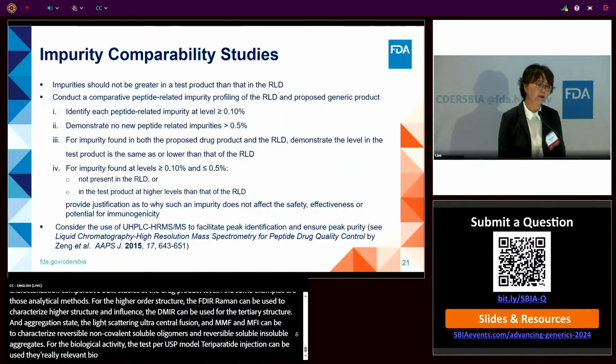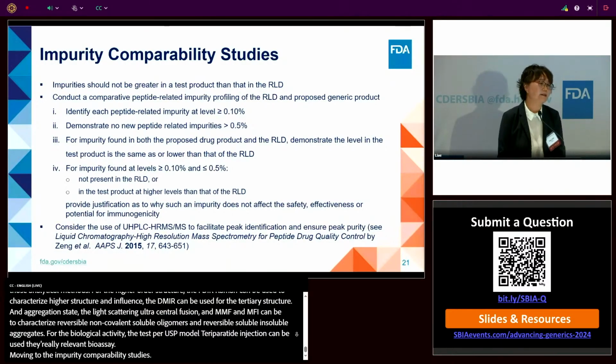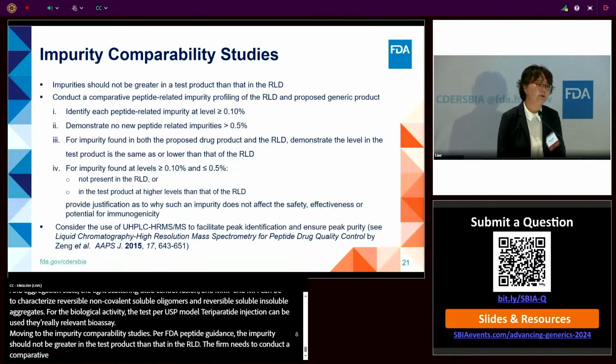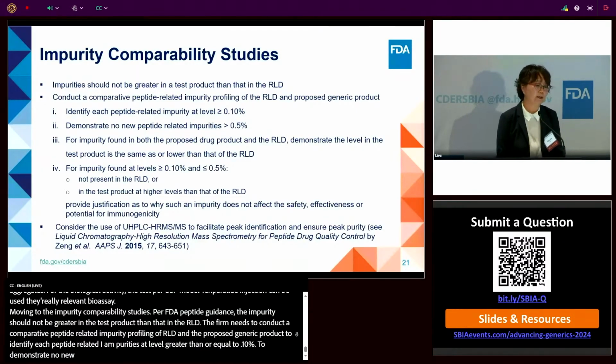Moving on to the impurity comparability studies. Per the FDA peptide guidance, the impurity should not be greater in the test product than that in the RLD. The firm needs to conduct a comparative peptide-related impurity profiling of the RLD and the proposed generic product to identify each peptide-related impurity at level greater than or equal to 0.10%, to demonstrate no new peptide-related impurity greater than 0.5%.